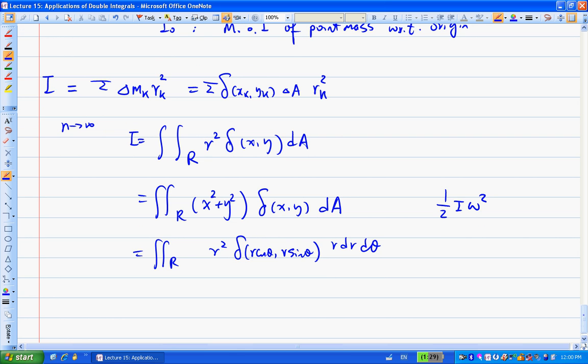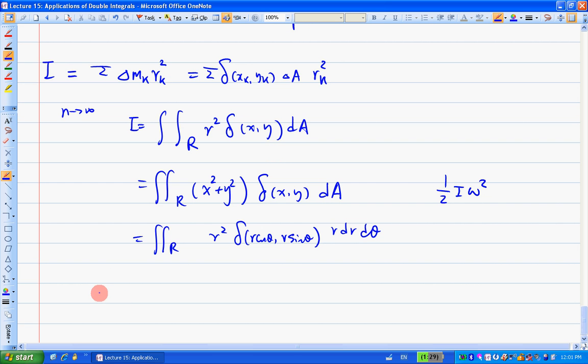Now remember, this is the I with respect to the origin. What about the moment of inertia about, let's say, the x-axis?